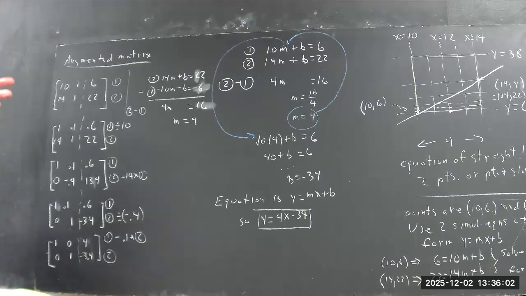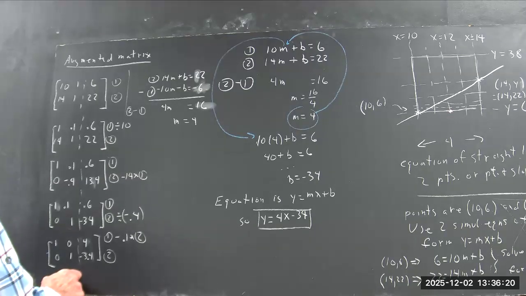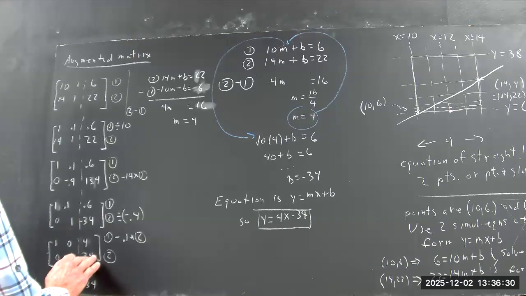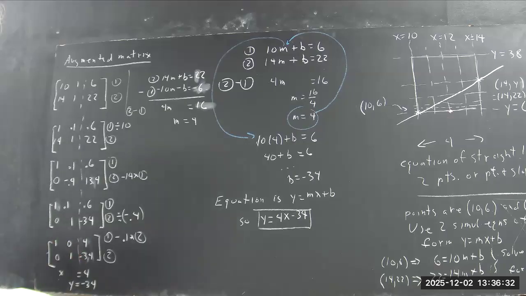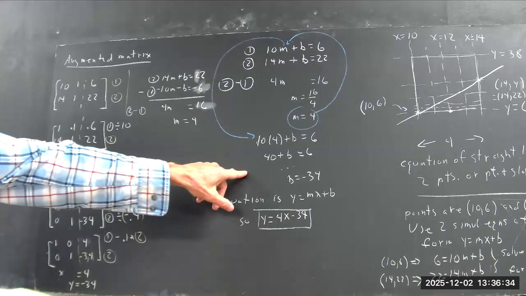Now what I want you to see, and sorry for the delays, I want to get through this kind of quickly, is again, we get a 1 here, then we get a 0 here, then we get a 1 here, then we get a 0 here, and now we have a solution. x equals 4, y equals negative 34. Shouldn't have put that decimal in there. And this agrees with what we got over here.